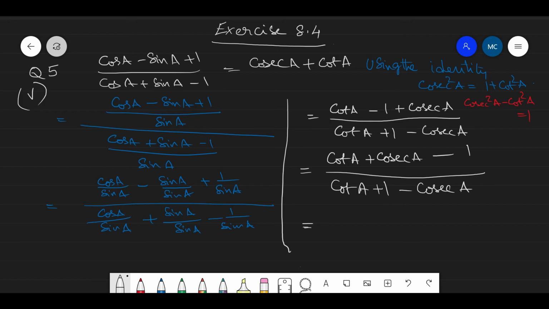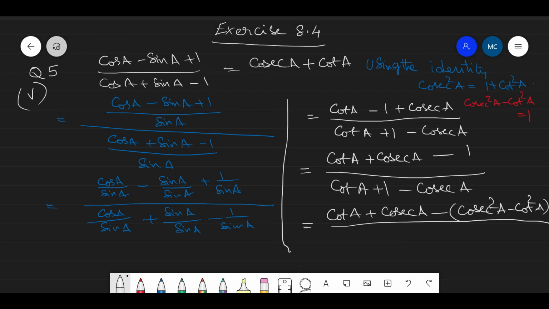So it will be cot A plus cosecant A minus, that 1 can be taken as cosecant square A minus cot square A, and denominator we are taking as it is. It will be cot A plus 1 minus cosecant A. Now we will clear this left side part and continue.